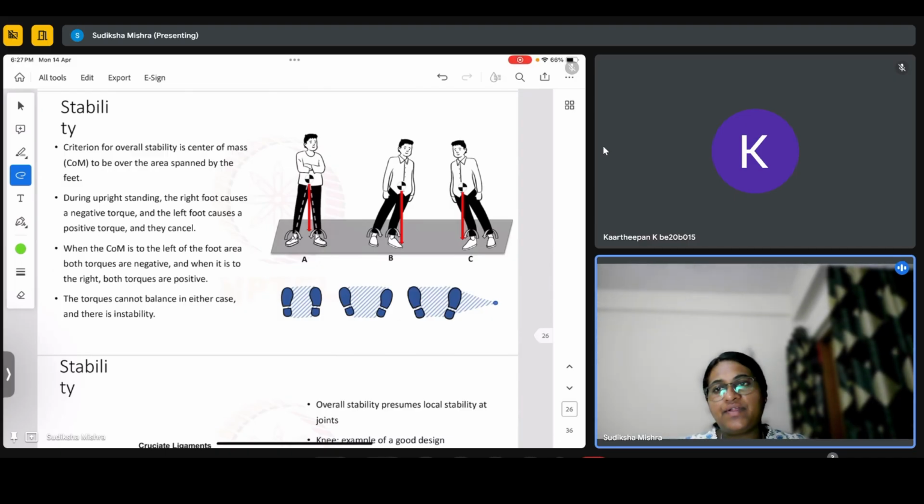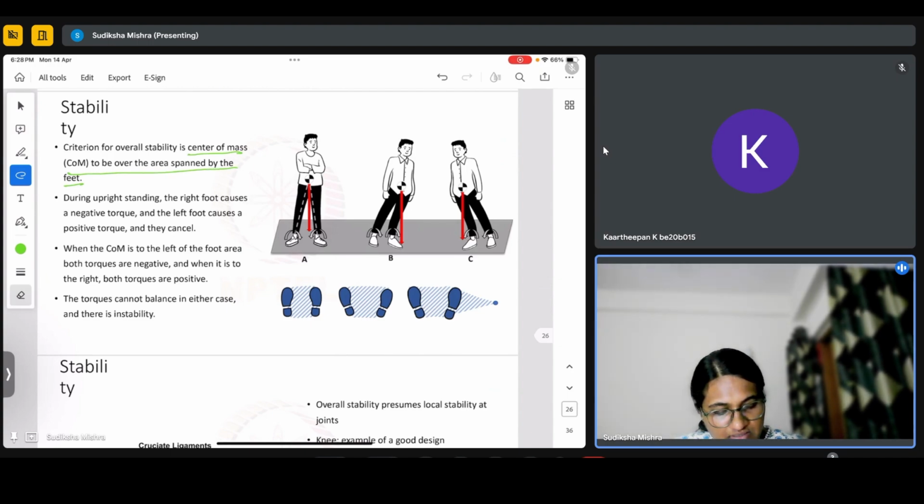Before we go into gait analysis, first let's look at stability. So, essentially, the criterion for stability is that the center of mass is over the area spanned by the feet.